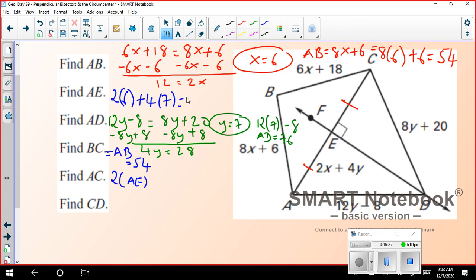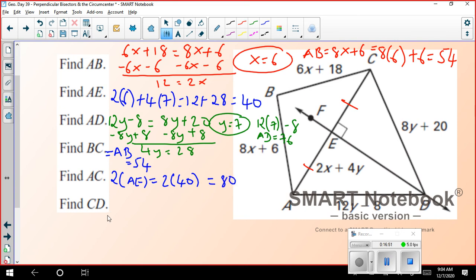So 12 plus 28, right, which is 40. And this is 2 times AE, which is 2 times 40. That is going to be equal to 80.